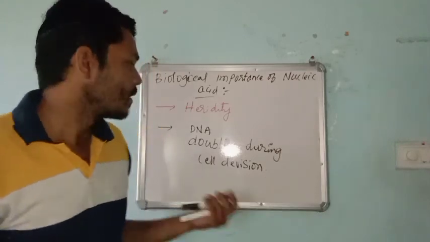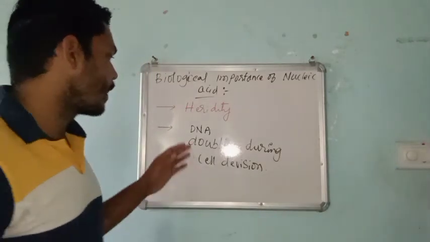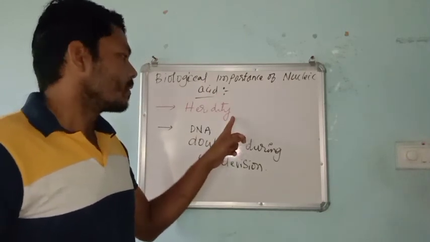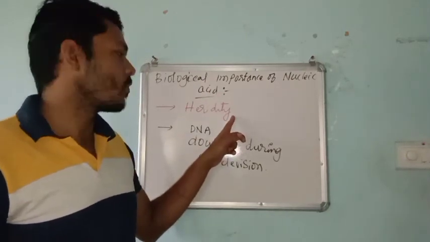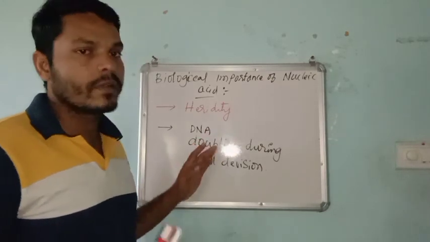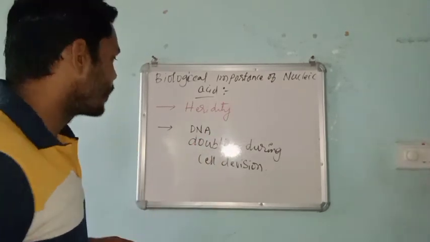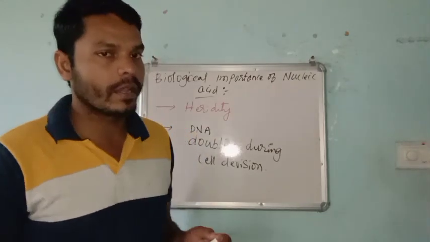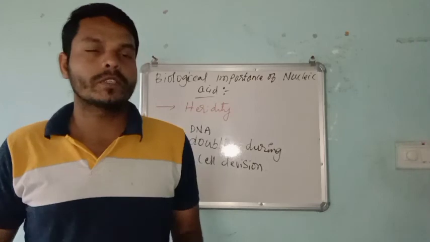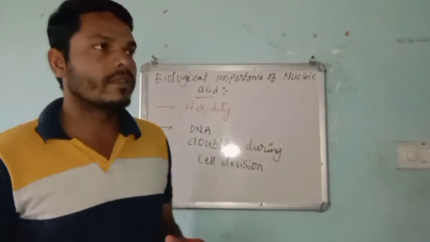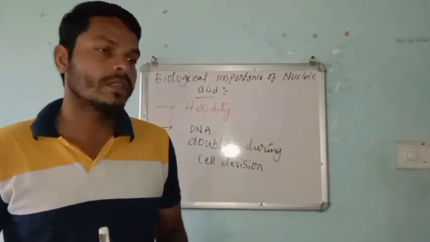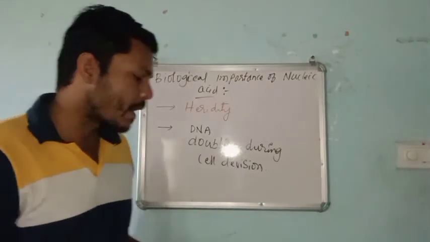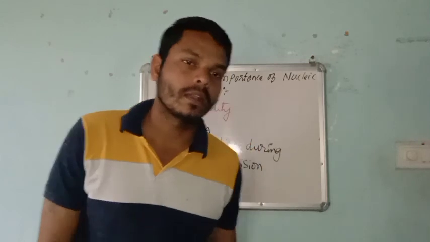So not only are they helpful for heredity, making their own copies, but coming to the RNA, because of the three different types of RNA, they lead to the formation of a very important part that we require the most, that is protein. So these are some simple biological importance of nucleic acid.